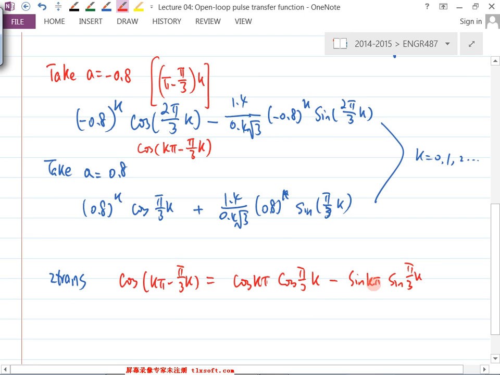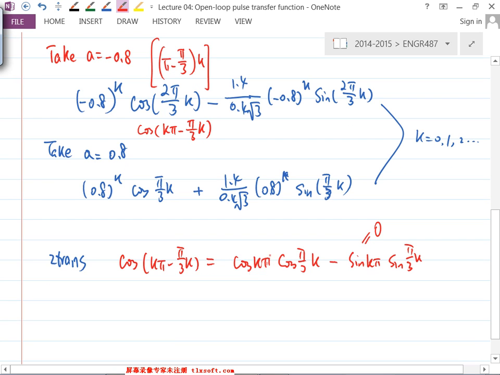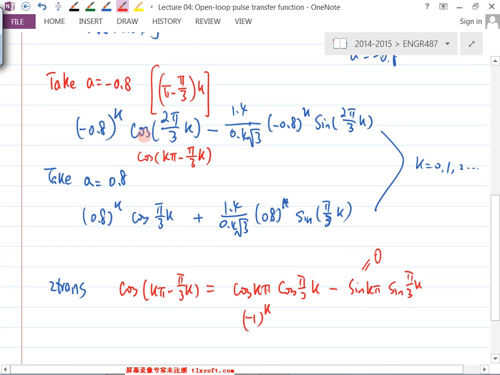And sine k pi is always 0. Cosine k pi: when k equals 0, cosine 0 is 1. When k equals 1, cosine pi is negative 1. So basically it oscillates between 1, negative 1, 1, negative 1. So this term is negative 1 to the power of k. Now if I plug this back in here for the first term, I have a negative 1 to the power of k showing up right here.